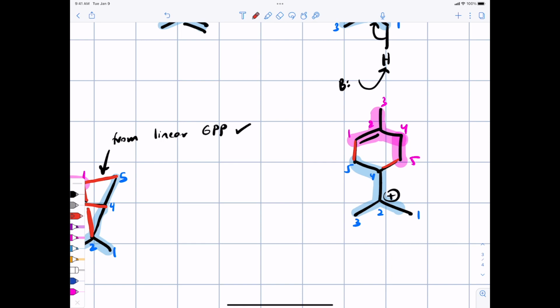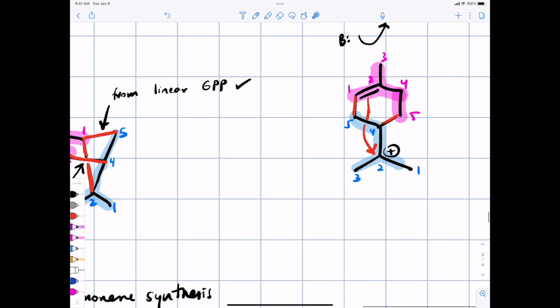And it basically involves the pi bond reaching down and attacking the positive charge to create a new bond. Now, does it make sense which of the two bonds, pink 1 or 2, should get the new bond? Pink 1, right? Because that would leave the positive charge on pink 2 where it's more stabilized by resonance.